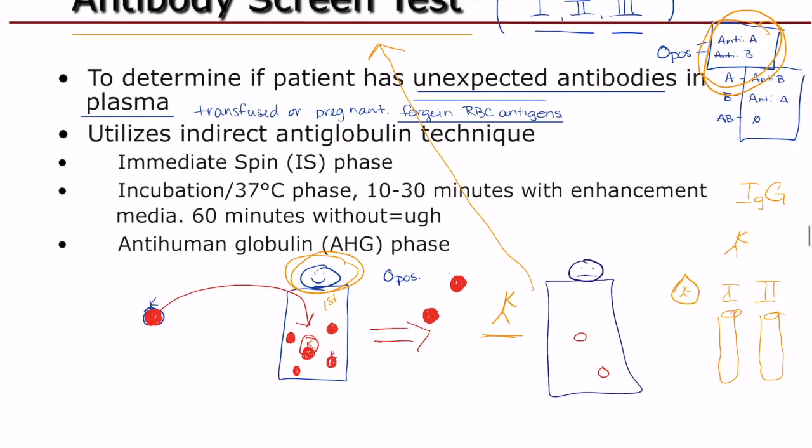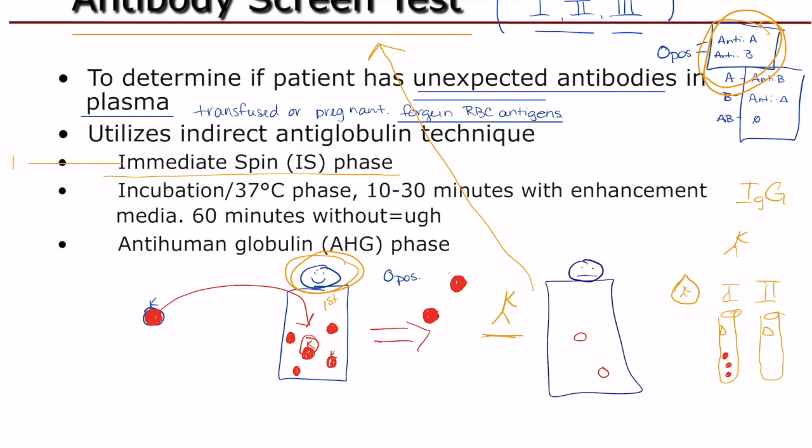So what we're doing is we do all of these phases. This is our first phase, which is immediate spin, like what you would do for your back type when you're looking to see if the patient has anti-A or anti-B. So that's our immediate spin phase. So we take these tubes, we add screening cells 1 to this one. This is our reagent.